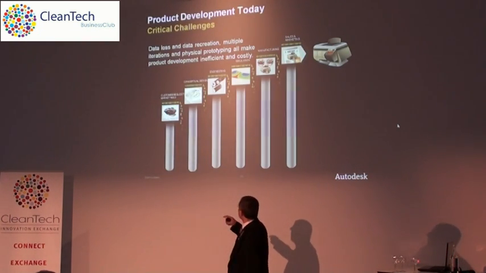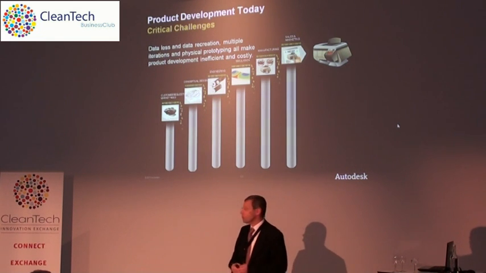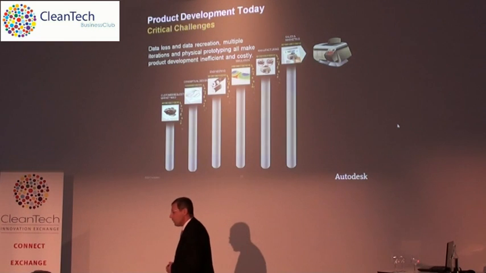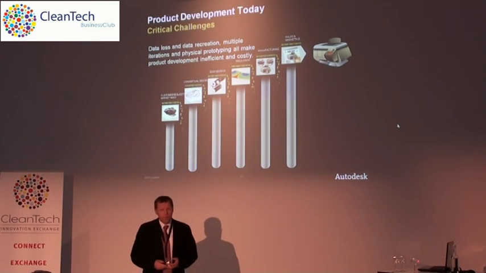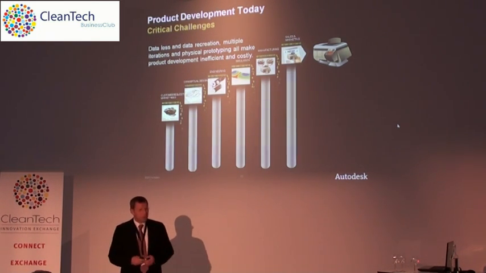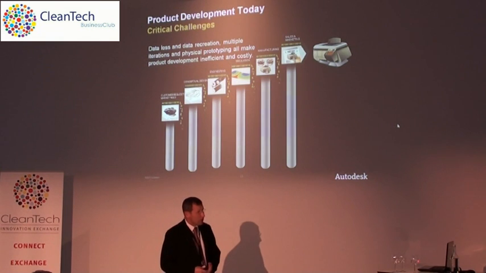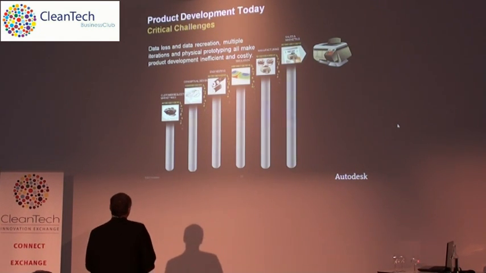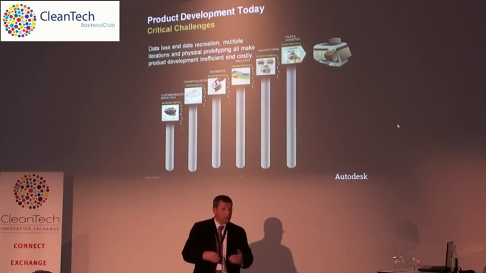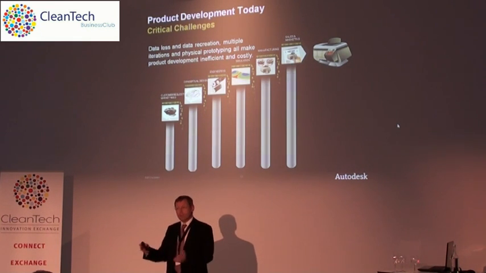Now we're getting a little bit theoretical for the next 2-3 slides. I just want to explain what the challenges are today when you look at typical product development. Even in top performing manufacturing companies, I think you have big issues today. When you look at a typical product development process, you have here 6 stages. I just make it a little bit less complicated. Usually you see 3 stages in the product development process, right?